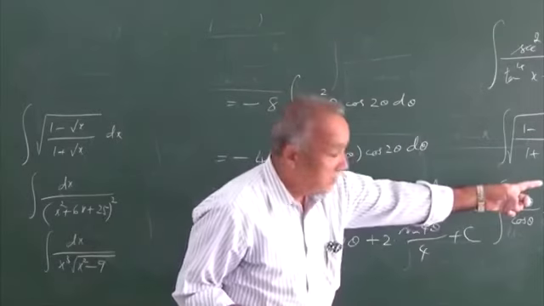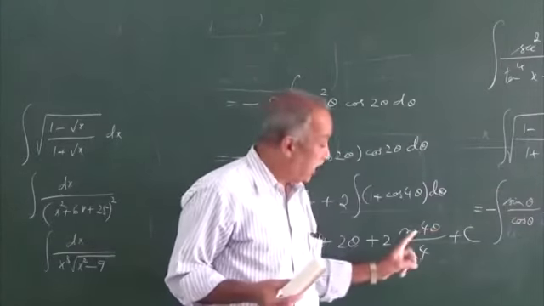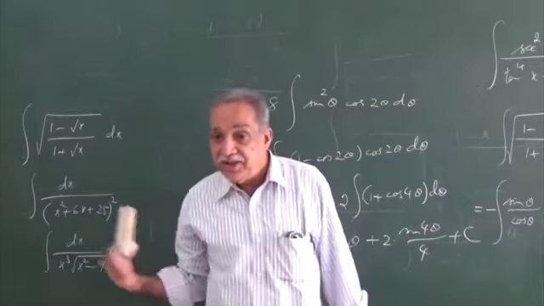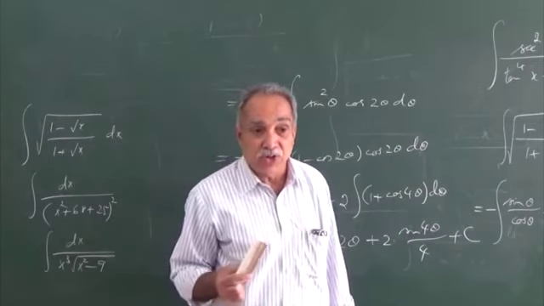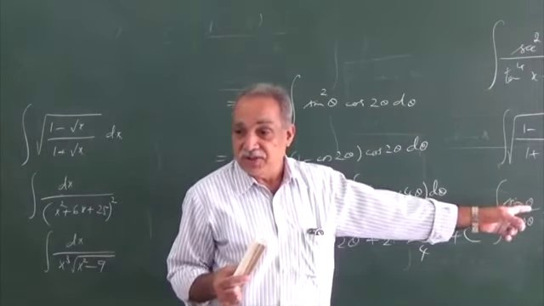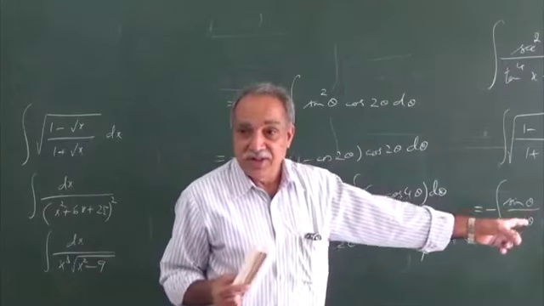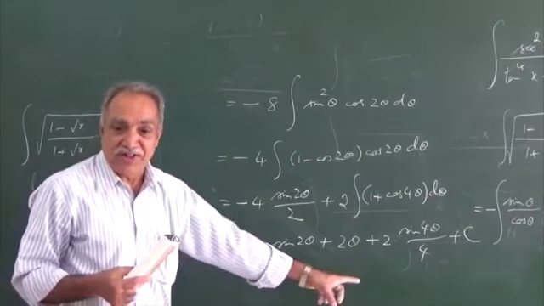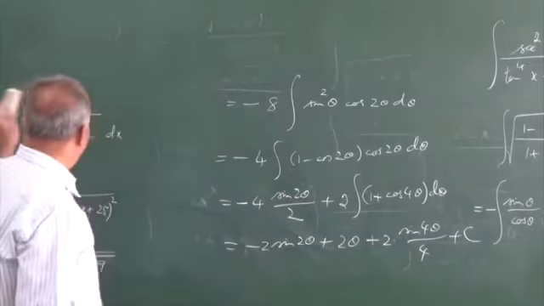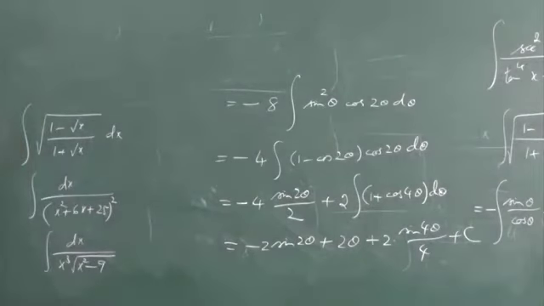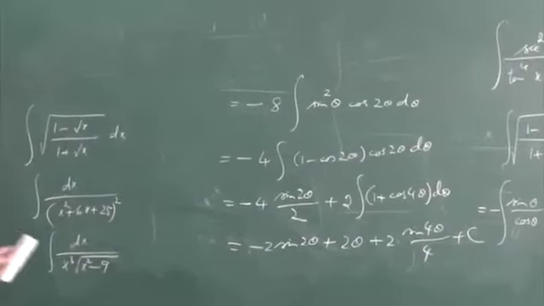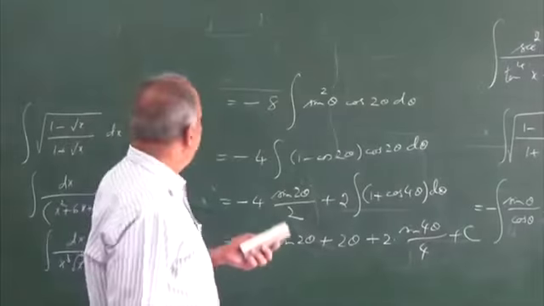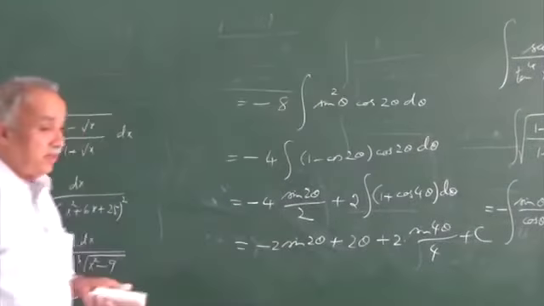Cos 2 theta is directly root x, and sin 2 theta, as we did here, is root of 1 minus cos square, which is root of 1 minus x. Is that clear? I don't think there is any need to write it again separately. Fine.